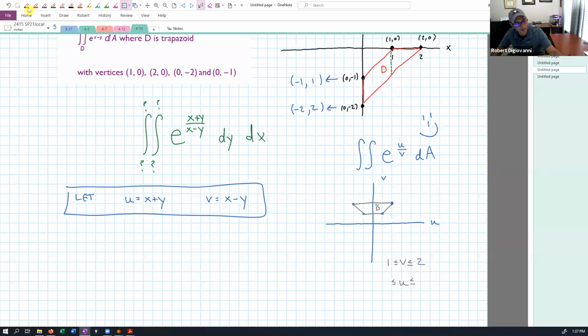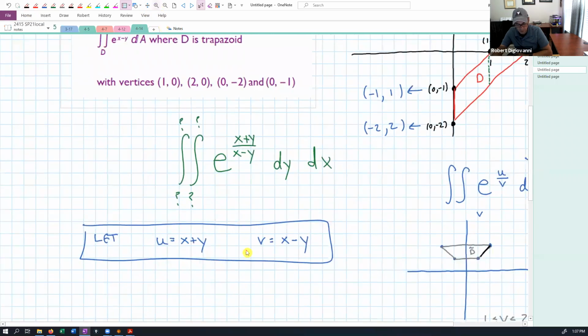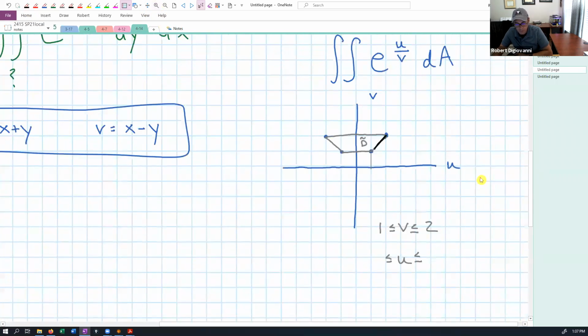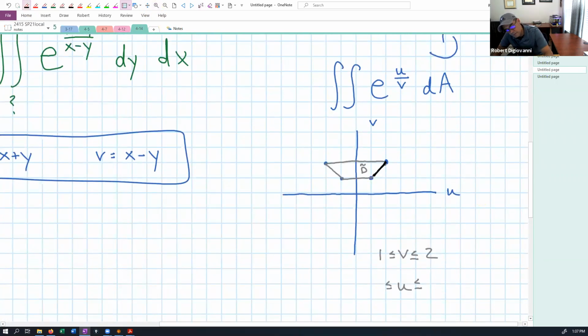So take a look at this black part right here. I'm going to zoom in on this a little bit so we can see what's going on. Okay, so this right here, if we were to extend it down, this is like y equals x, isn't it? But because we're using v and u, this is actually v equals u. And if v is stuck between two constants, u must be stuck between two functions of v.